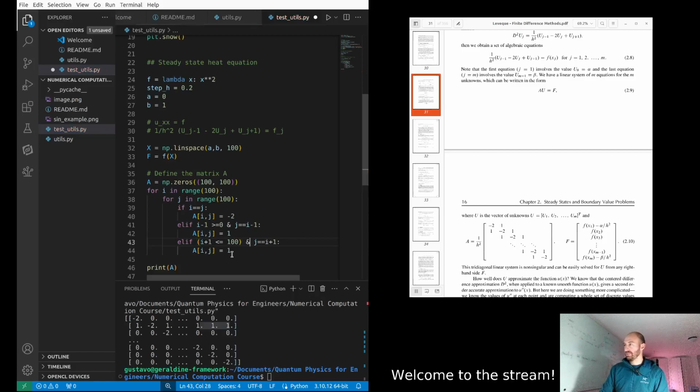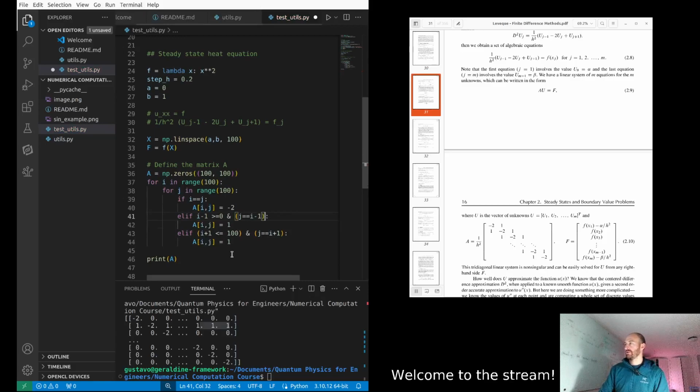So we are not in the end, but we are the next one. I'm not sure if this is the problem. I'll obviously figure this out before I send my notes and the code to GitHub, but let's keep trying.